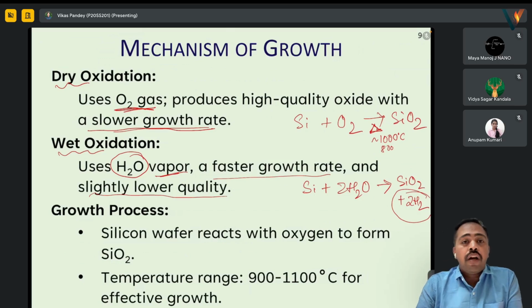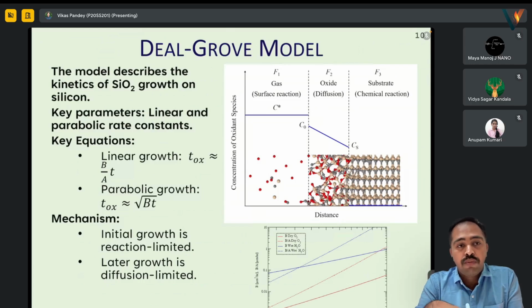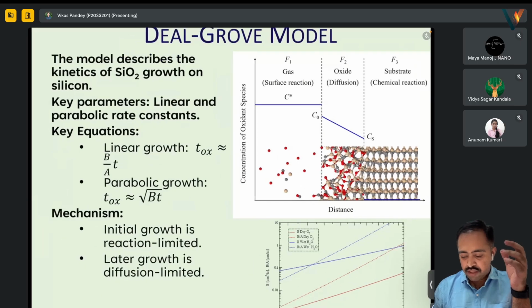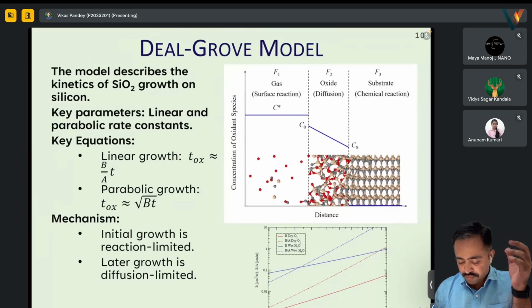so this whole growth process is presented in a model called the Deal-Grove model. It describes how the SiO2 grows on the silicon. So first, before going into the equations and all, let's understand that if this is the wafer, we are starting here.